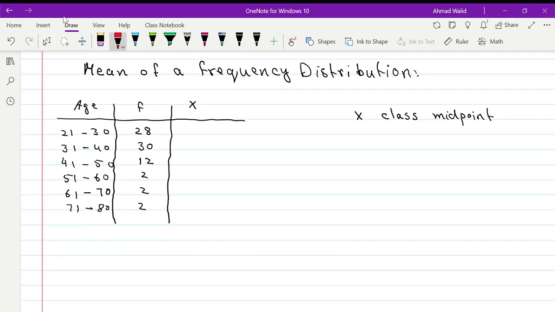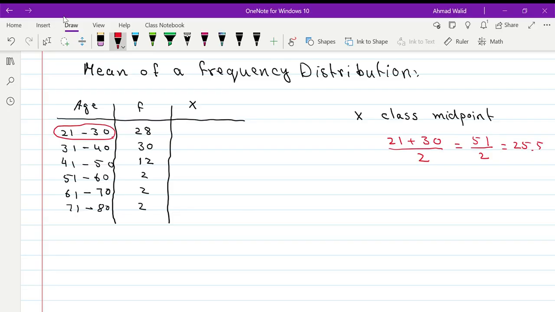To find the class midpoint for my first class, I will add 21 plus 30 and divide by 2, which gives me 51 divided by 2, which means 25.5 in decimal.